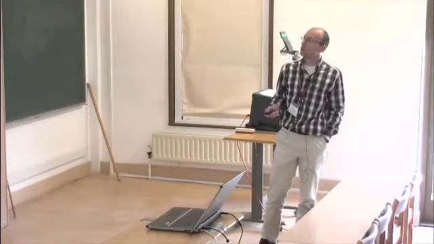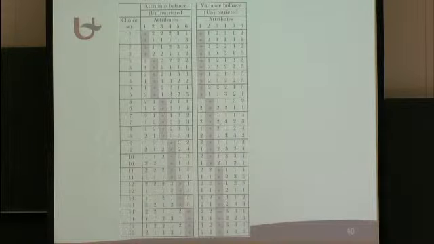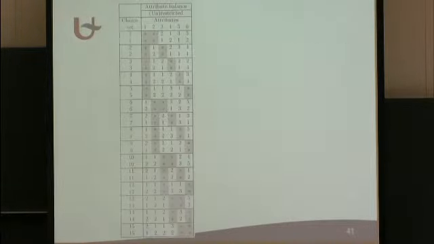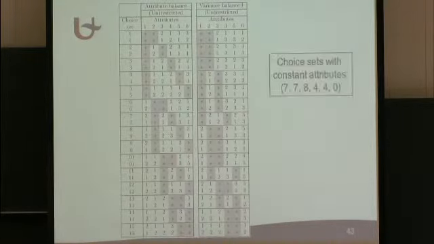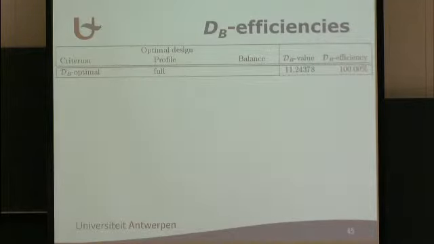And you can also ask for partial profile designs when you use our algorithm and the utility neutral approach. These are the designs, but I will skip them and move to the table with our efficiencies. Here on this slide, I will summarize all the efficiencies of the designs that I've shown.